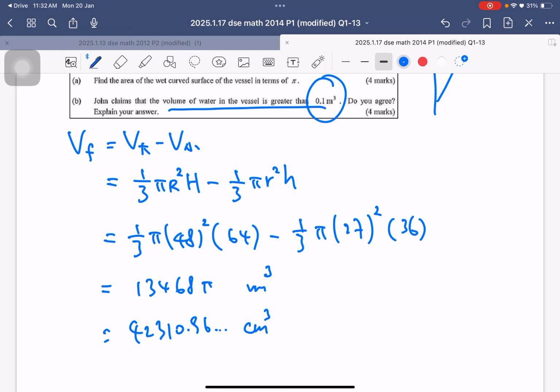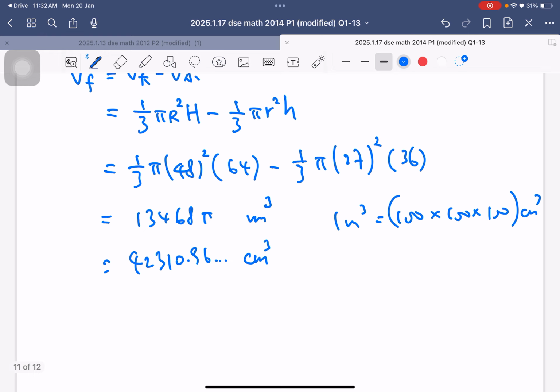But 1 meter cubed is equal to how many cm cubed? 100 times 100 times 100 cm cubed. Okay, that's a million.